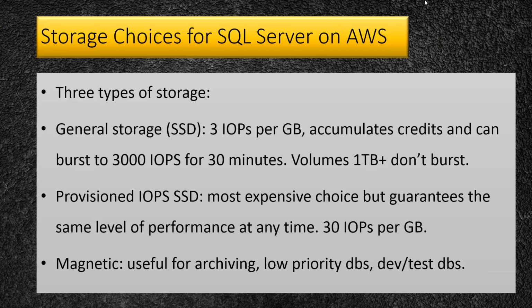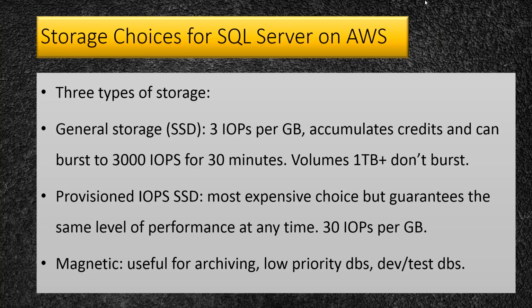So for really, really high performance, you're going to want to use provisioned IOPS SSDs just because it makes the response the same always, 24/7, but it is going to be the most expensive choice usually, right? So as always with performance, we make a compromise between price and performance. If we want good performance, then we usually have to spend a little bit more. And if you just want the best performance, then for sure you're going to have to go with provisioned IOPS.